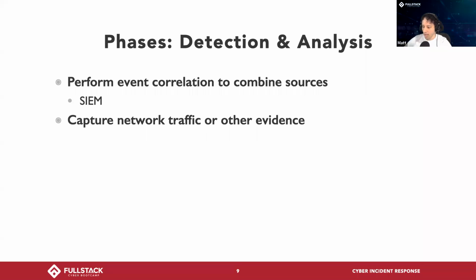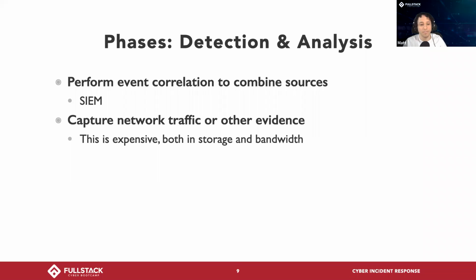We can also capture network traffic and other evidence. There are pros and cons to this. Pro is we have it and we could look through it. Con is this is expensive. Anytime you want to store all of the stuff for a while, you have to think of the bandwidth. If you're putting some kind of network tap and splitting the data as it goes through, you have to consider bandwidth.